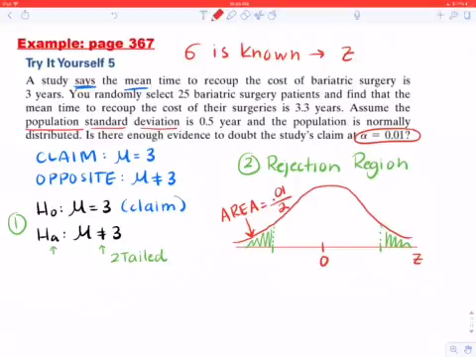Okay, so that means I'm going to be using an area of 0.05 to find my critical value. All right, again, two-tailed test is always alpha over 2.